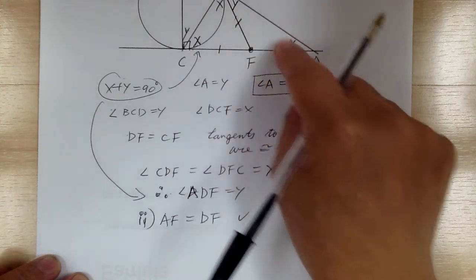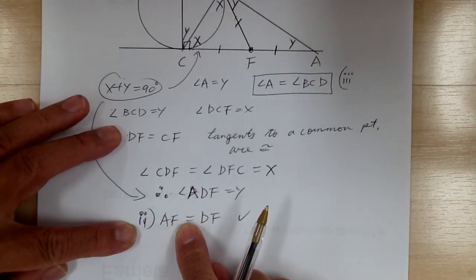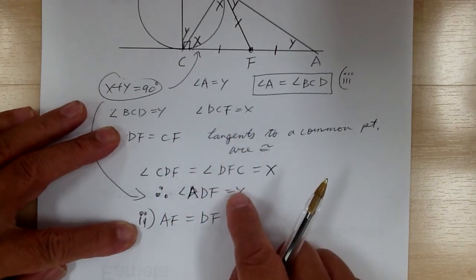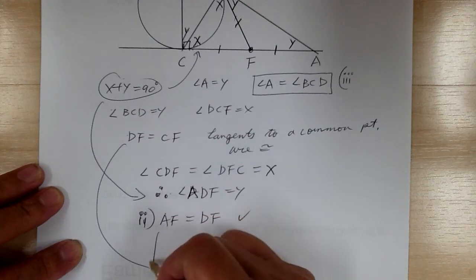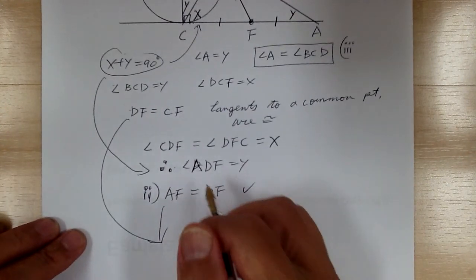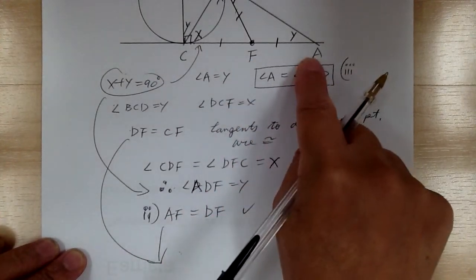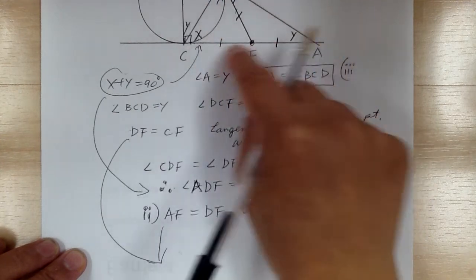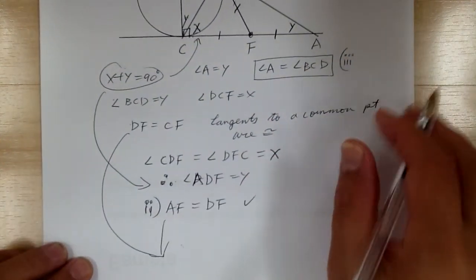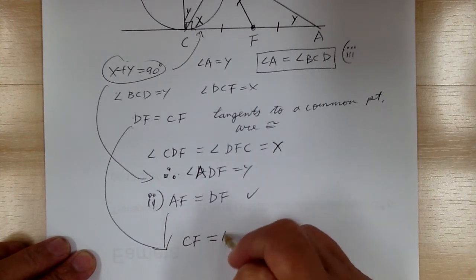Looking at the markings, they are all congruent. So AF equals DF and DF equals CF. Therefore CF is equal to AF.